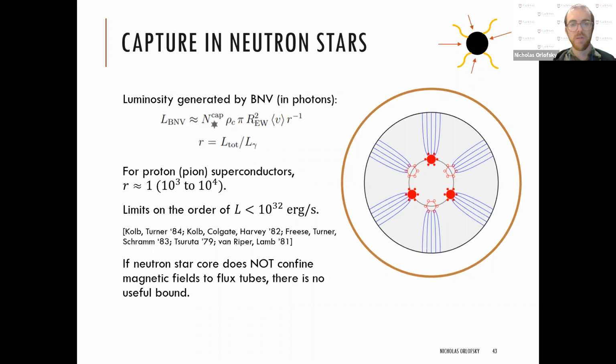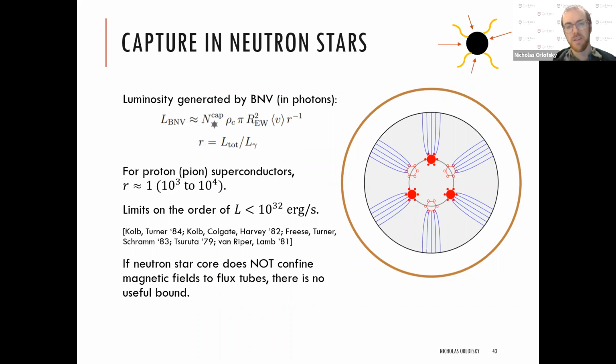Okay, so then once they're hanging around, we can ask about the luminosity that's generated from these black holes absorbing the neutron star matter and then re-emitting as Hawking radiation in what I call baryon number violating processes.